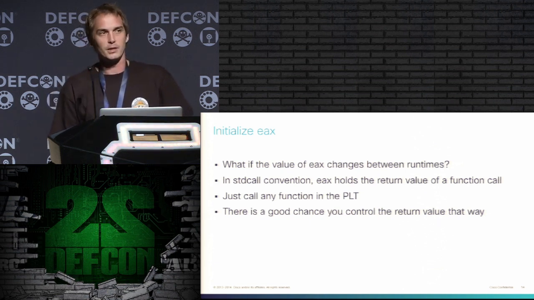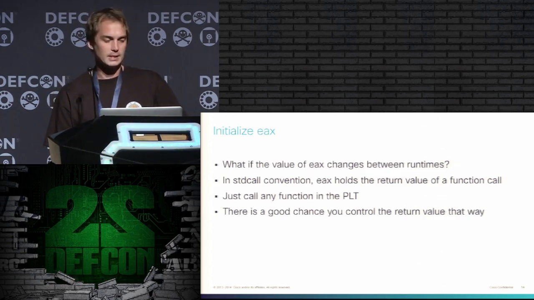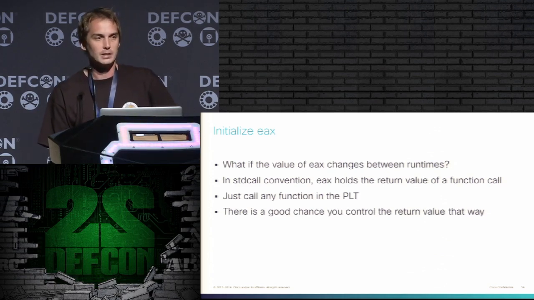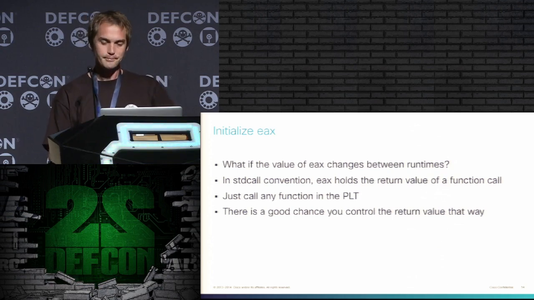So one nice trick is that if you control EAX, you can more or less get a value you want into there by doing just a random function call in the PLT. Since in the Linux STD call ABI, EAX holds the return value of a function call, if you do any random function call and make it fail or succeed, you can control the initial value you've got in there.